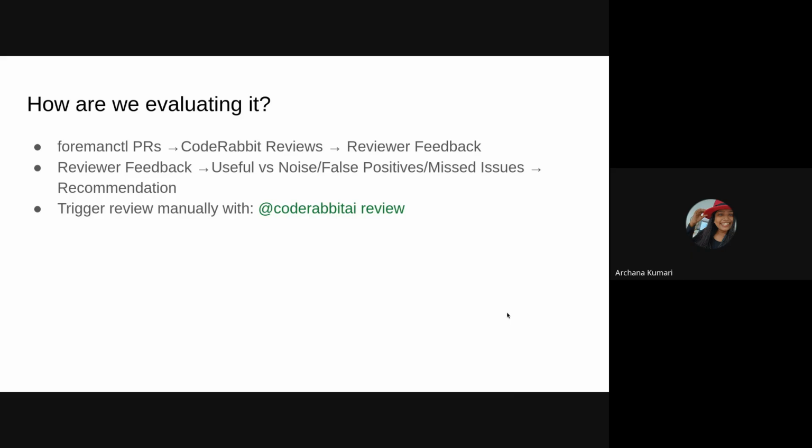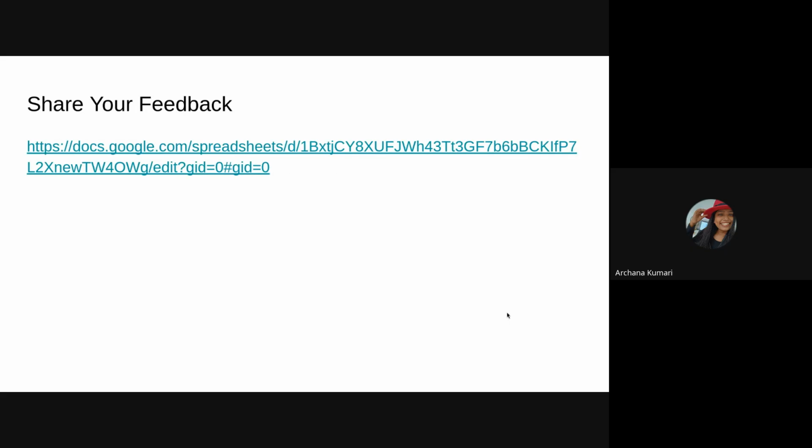All the reviewer feedback flows into a recommendation at the end of the trial period. Our plan is to look at the data and decide whether we want to keep it, configure it differently, or look at another way around it. For that, we created a simple feedback spreadsheet.